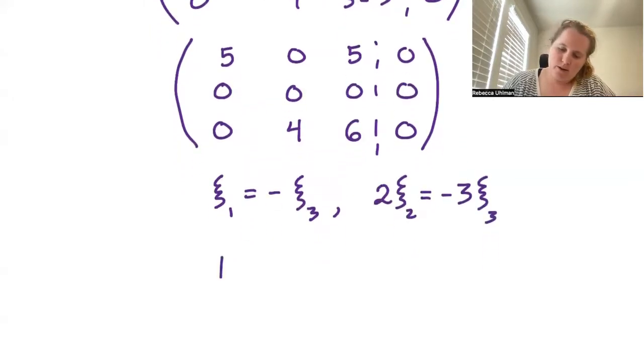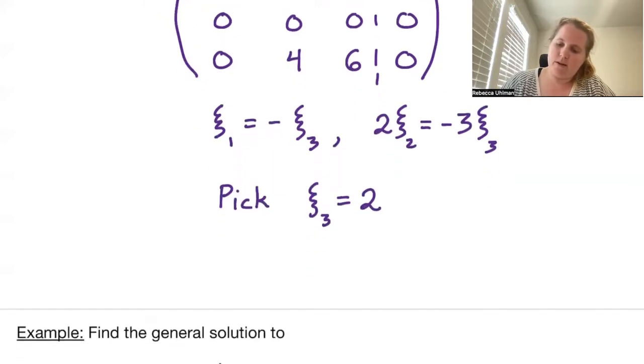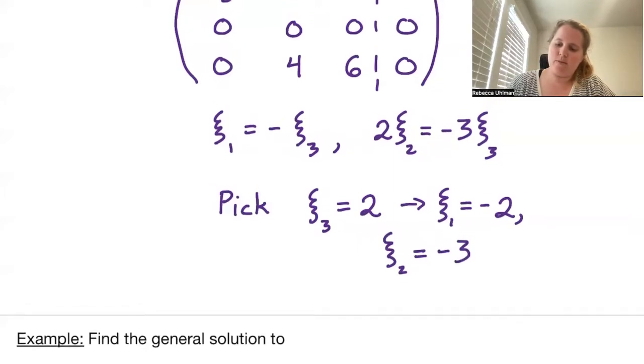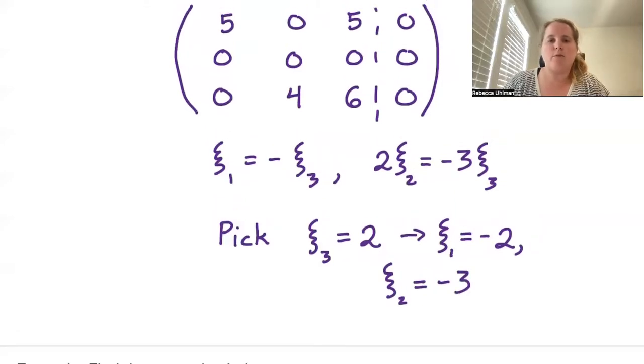So if we pick xi3 to be equal to 2, then xi1 would be negative 2, and xi2 should be negative 3. And so we wind up with the vector.